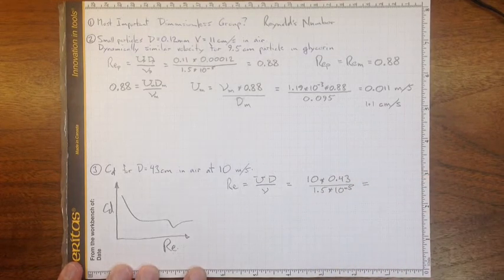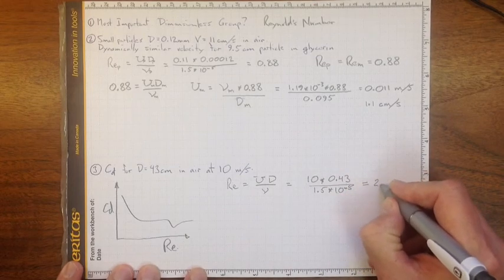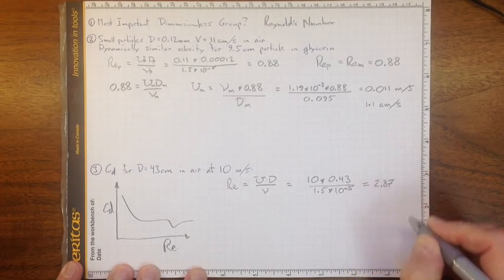Plugging that in, I get 10 times 0.43 divided by 0.000015, and that winds up being 2.87 times 10 to the 5th.